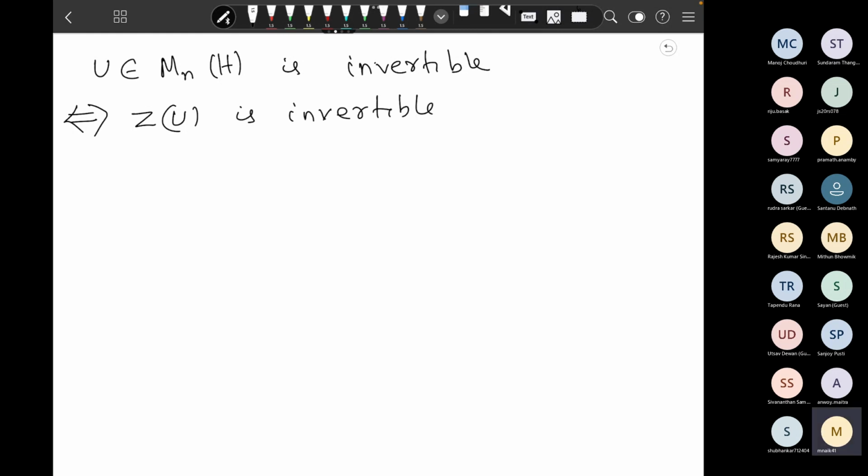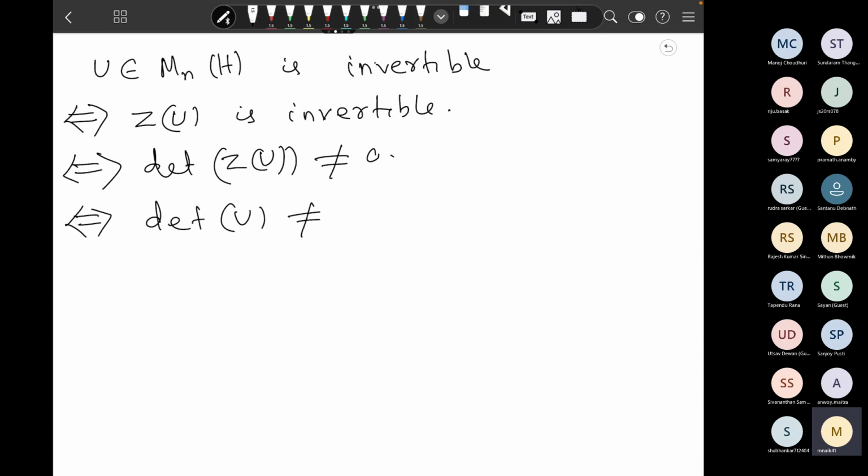Now, if ZU is invertible, this holds if and only if the determinant of ZU is not 0. This is simply if and only if the determinant of U is non-zero, because the determinant of U is defined as the determinant of ZU by this new definition.